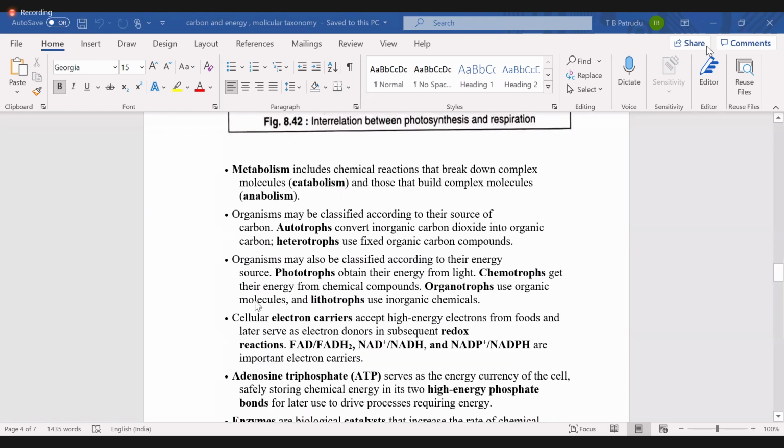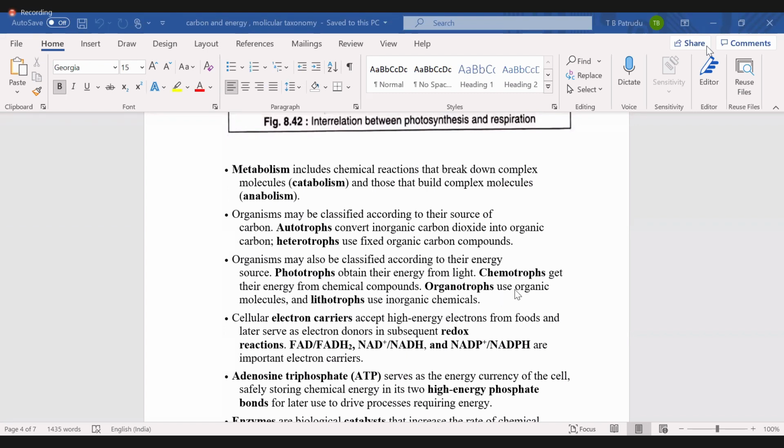Remember always. Next, organisms may also be classified according to their energy. The previous one was according to their carbon source, and this is energy wise. Phototrophs obtain their energy from light. Chemotrophs get their energy from chemical compounds, here organic chemical compounds.